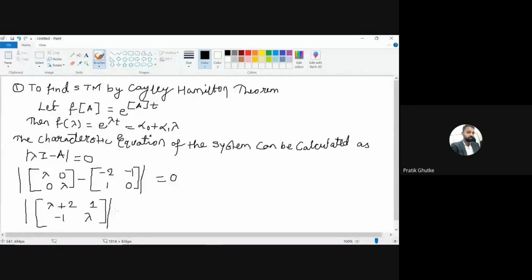Solving this, I will get the characteristic equation. So it would be lambda plus 2 into lambda, minus of minus 1 means plus 1, equals 0.